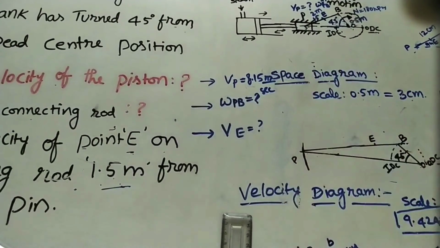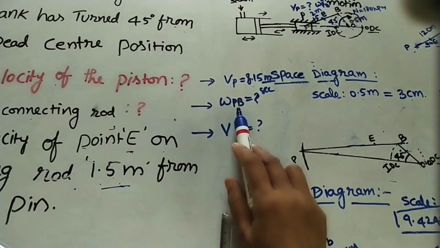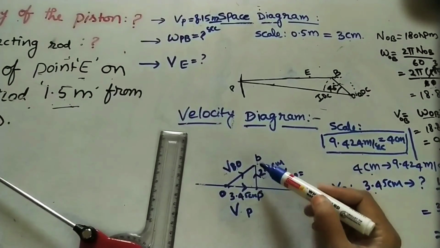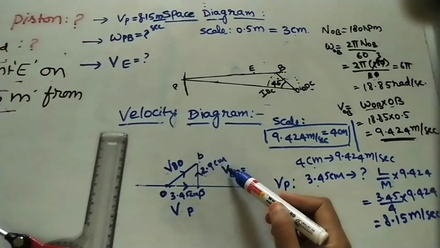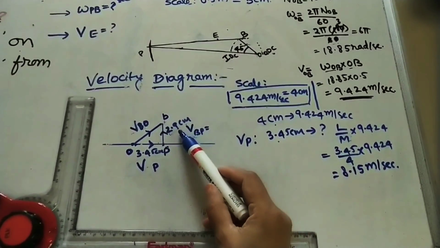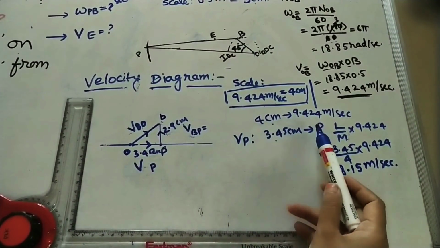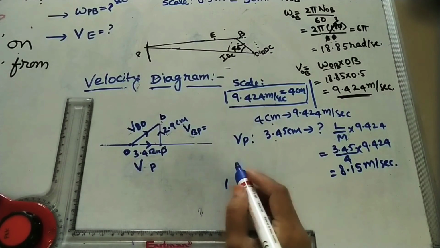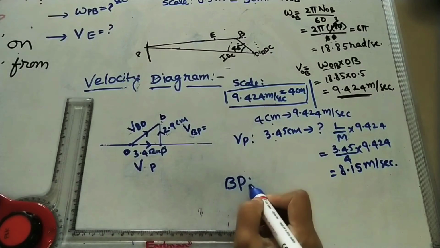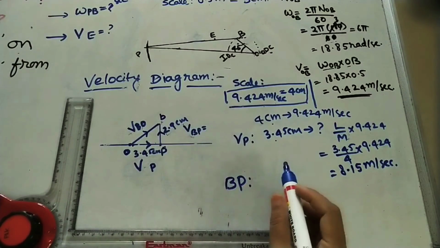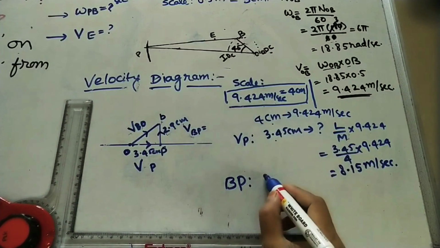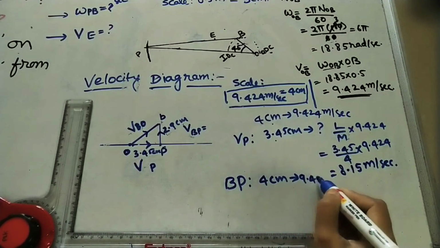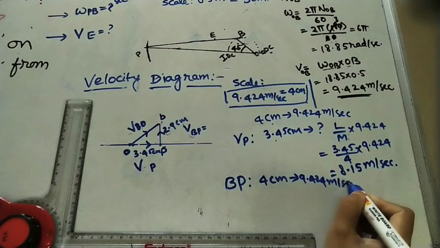Next is omega PB. First we need to find VPB, which is this value. It is 2.9 centimeters, and again we have to find the velocity by using the scale. For 4 centimeters, this value is 9.424 meter per second.